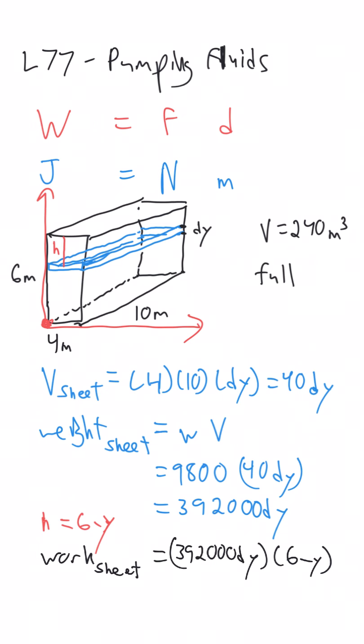So how would I get the work required to get all the sheets out of the tank, like all the water out of the tank? You just use an integral. And is it going to be an integral in y dy or x dx? y dy. You pump it out vertically. You already have y in your volume equation, in your work equation for a sheet of water.